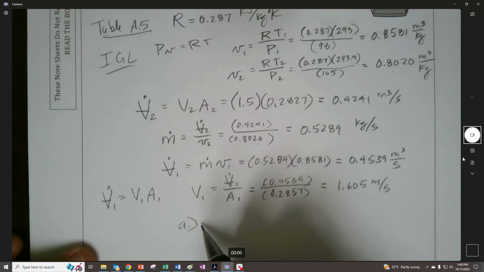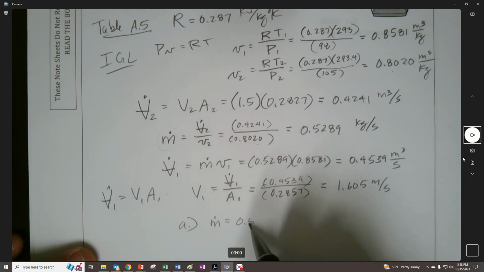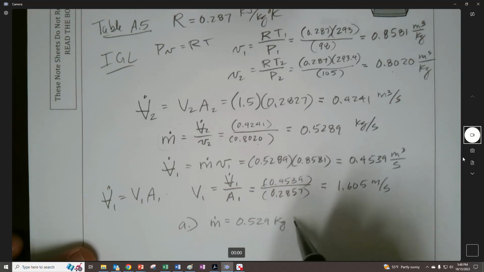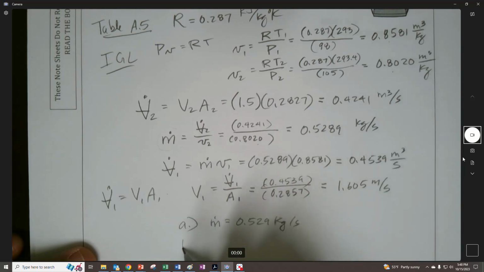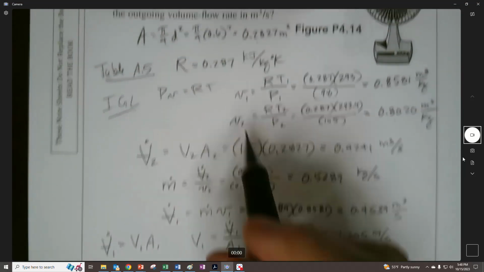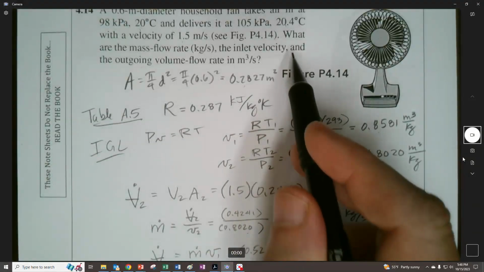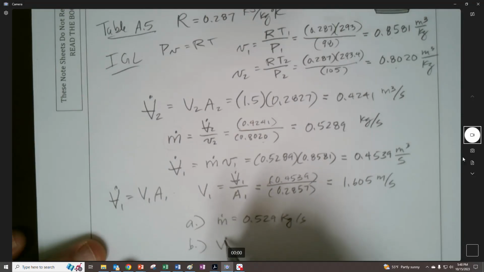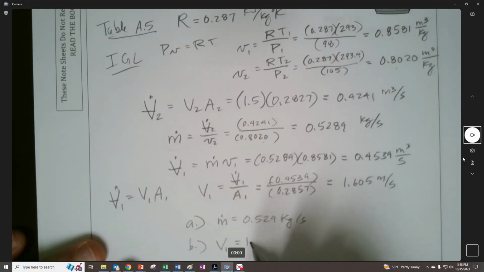We should write down all the answers right here. So the first answer was the mass flow rate, 0.529 kilograms per second. The second part of it was asking for the inlet velocity. That's actually the last thing that we found, 1.61 meters per second.